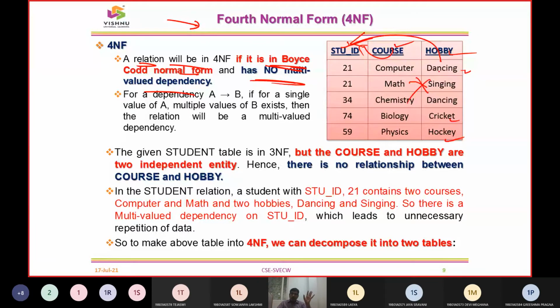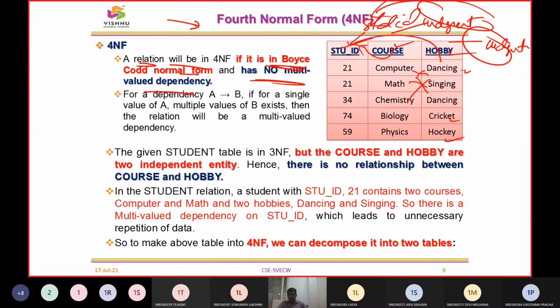No. So course is independent, hobby is independent, but both of them are going to be used to derive the student ID. This is where the fourth normal form comes in.